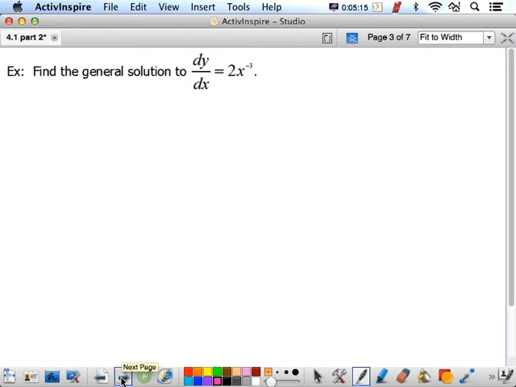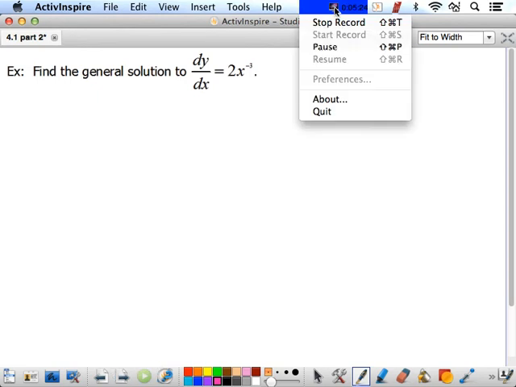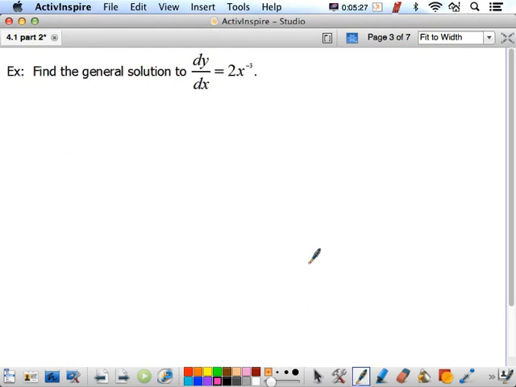This says that dy/dx equals 2x to the negative 3, and we are trying to find the general solution. We'll pause and let everybody have a chance to do that. You said that you got the answer y equals negative 1 over x squared plus c. Let's work through that. First, we cross multiplied: dy equals 2x to the negative 3 dx. Then we integrated both sides with respect to the appropriate variable.